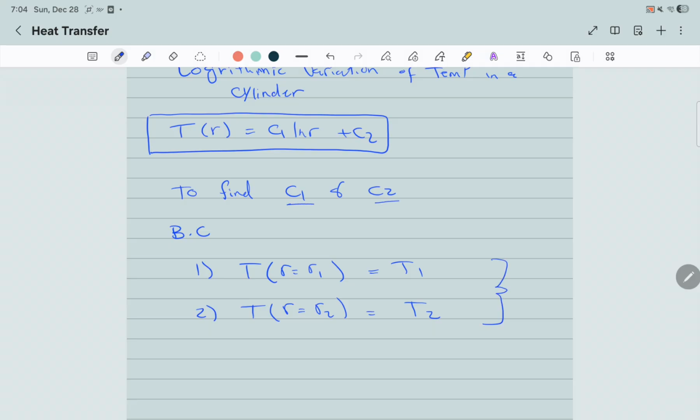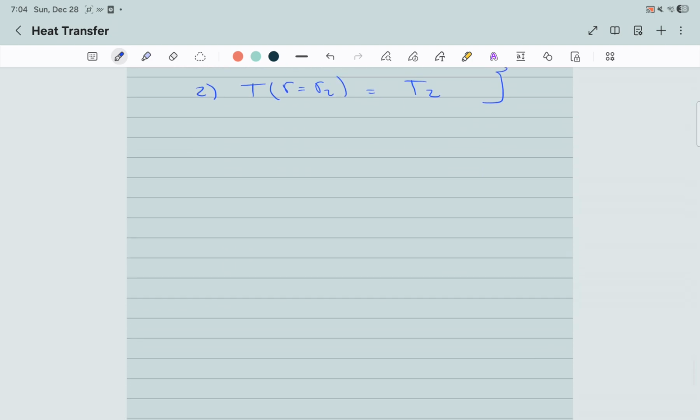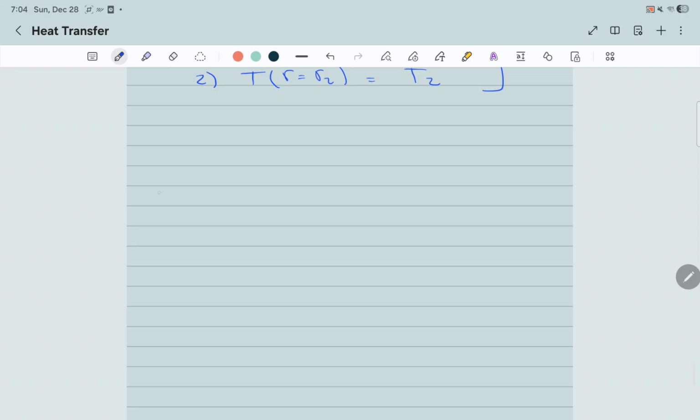Now you can apply these two boundary conditions to find C1 and C2. I won't be doing that in this class. You can go back to the textbook to see step by step how it was done. But the temperature distribution that you'll get will be T(R) equals (T1 minus T2) divided by ln(R2 over R1), times ln(R over R2), plus T2.